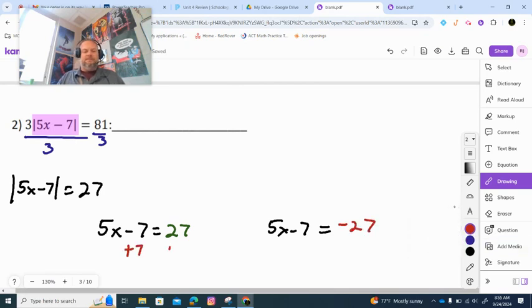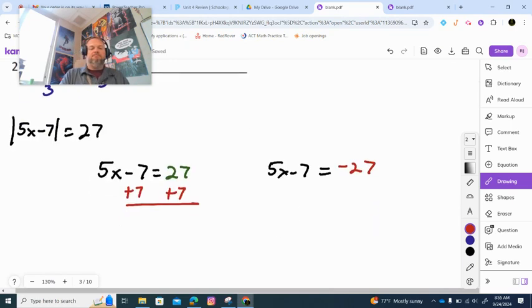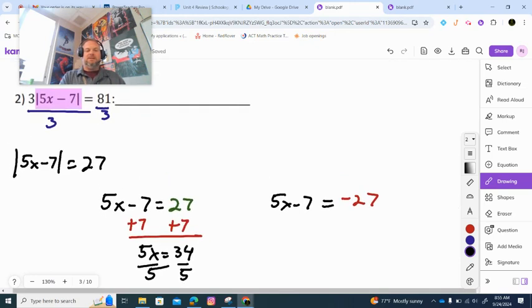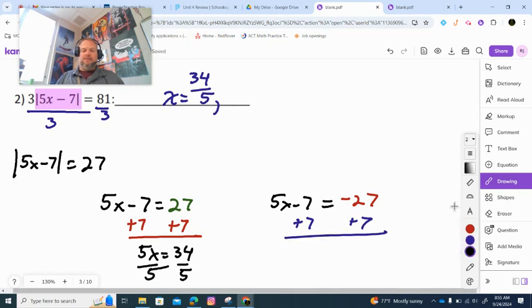Mm-hmm, mm-hmm. Oh well. 9 by 5 divided by 5. Can't have nothing. So x equals 34 over 5. 5x equals negative 20.